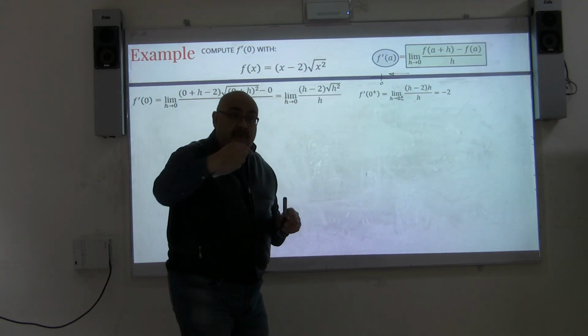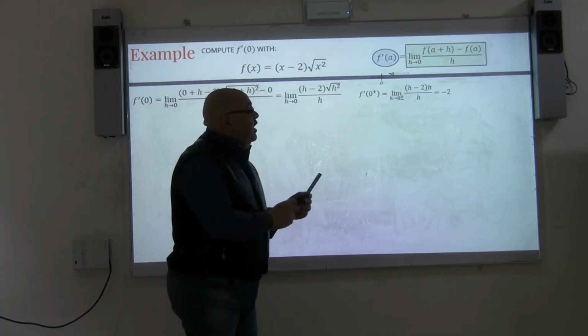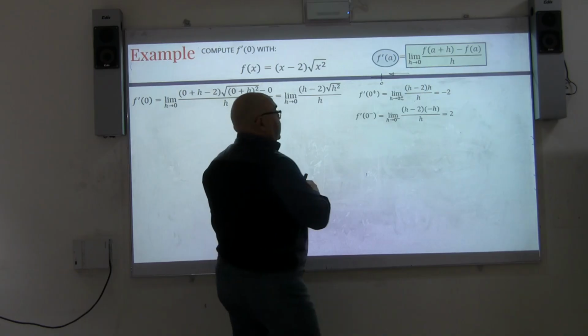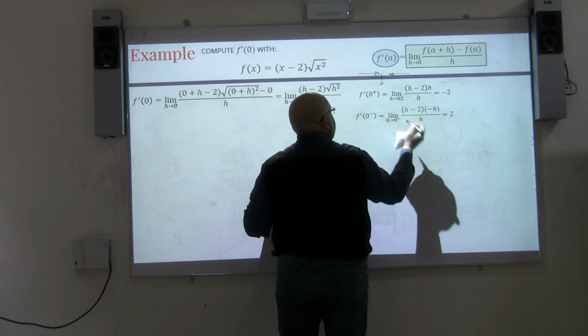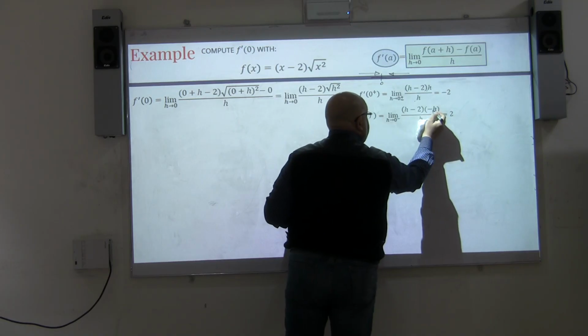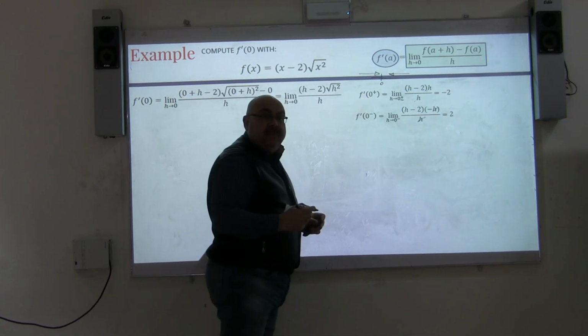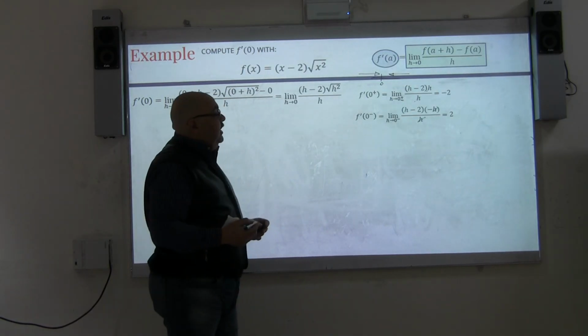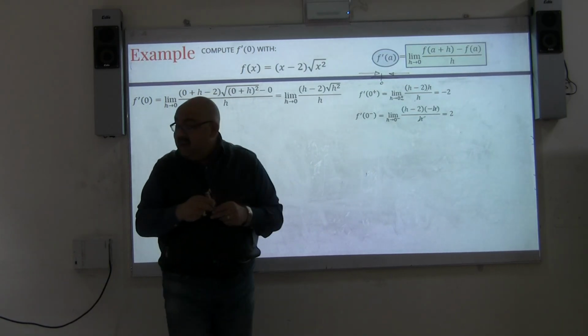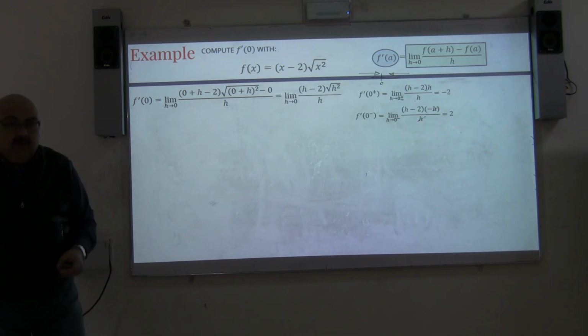Okay, yes, you are right. Also, x can approach from the left side. If it is approaching from the left side, in this direction, instead of having positive h, it's going to be negative h. Once more, I will eliminate both of them together, as you can see. And in this case, you will have positive 2. In this case, the limit doesn't exist, because simply the limit from the left is different from the limit from the right.